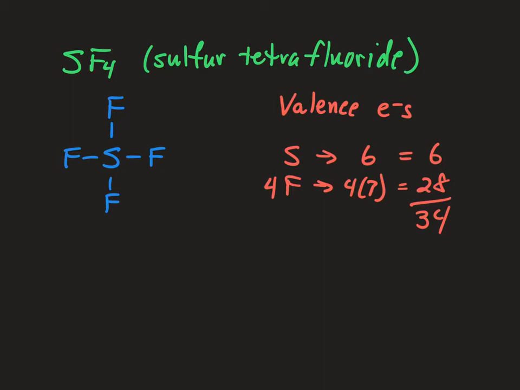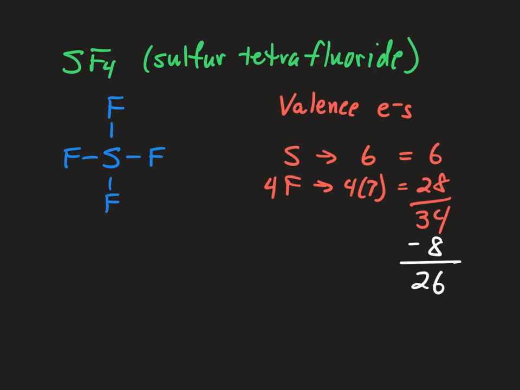We have 4 bonds, each of which is 2 electrons. So that means we can subtract 8 of those. 34 minus 8 is 26, leaving us 26 electrons to distribute, starting from the outside in, creating octets.